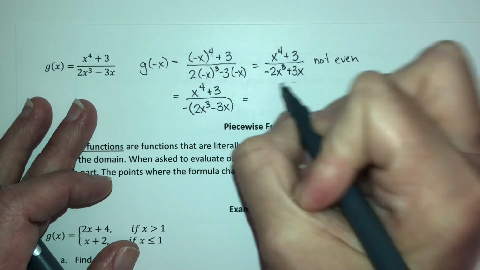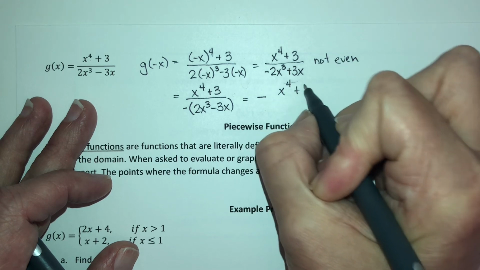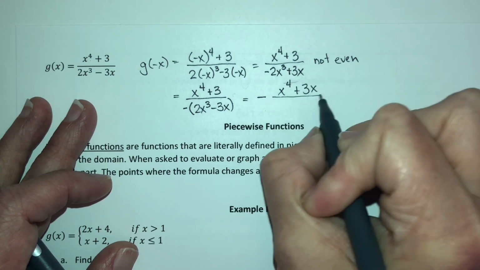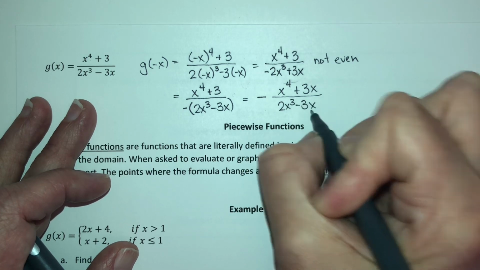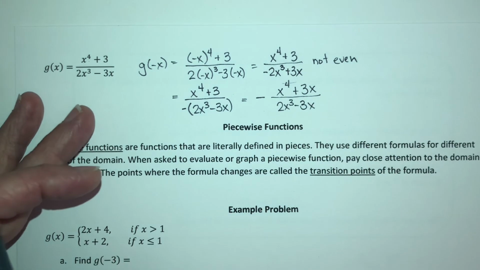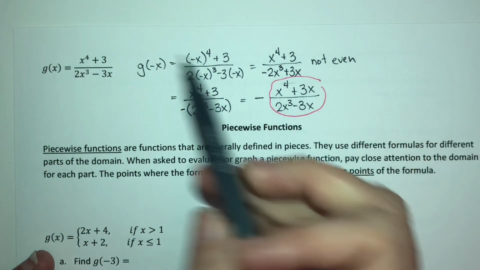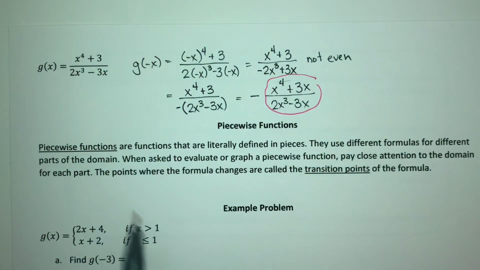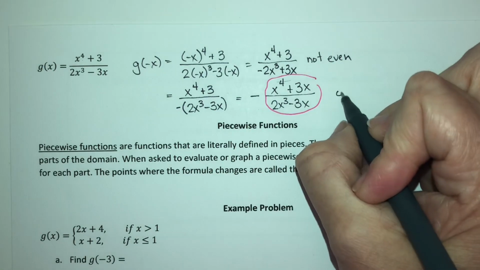And then this is the same as just putting a negative out in front. And now ask yourself if this part is the same as what we have here, and it is, with a negative in front, so this is an odd function.